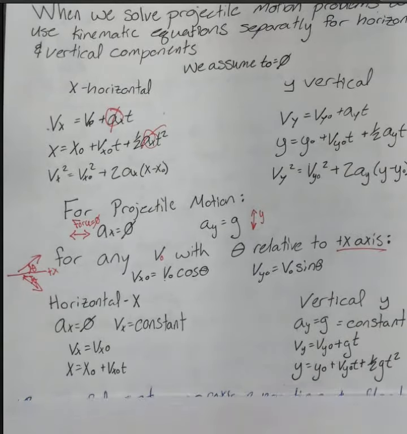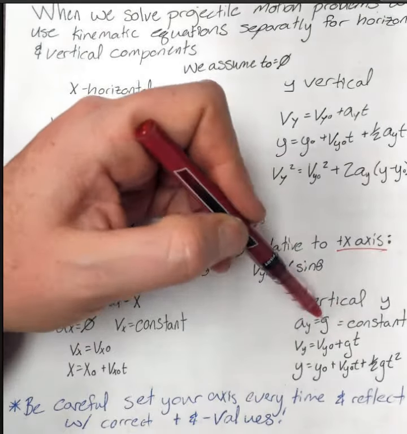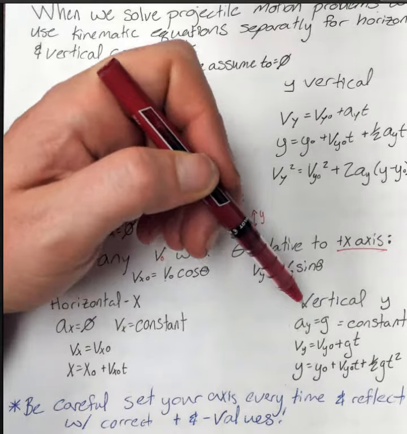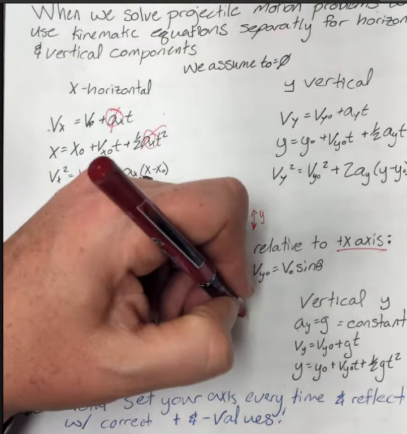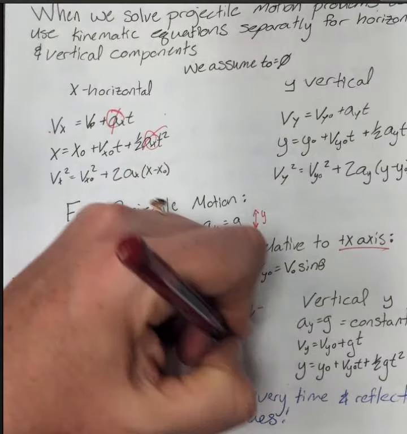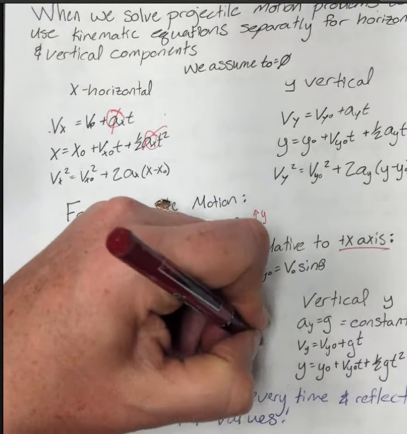One of the things that I want you to consider is to be careful setting your axis every time and reflecting it with the correct values. Here I've shown you g, where the g is just some gravitational value, and depending on your coordinate system, if we'd set down as negative, then this equation would be vy equals vy naught minus gt.